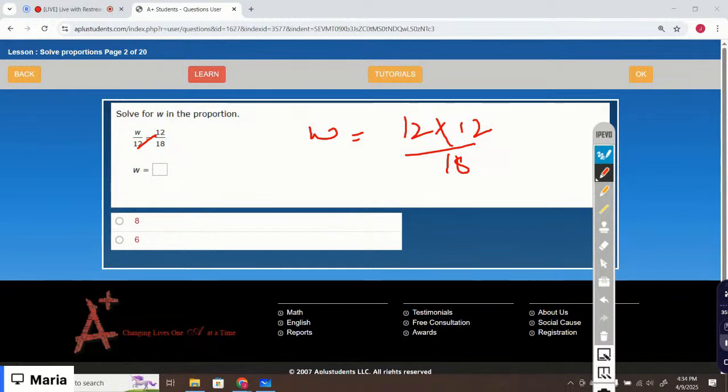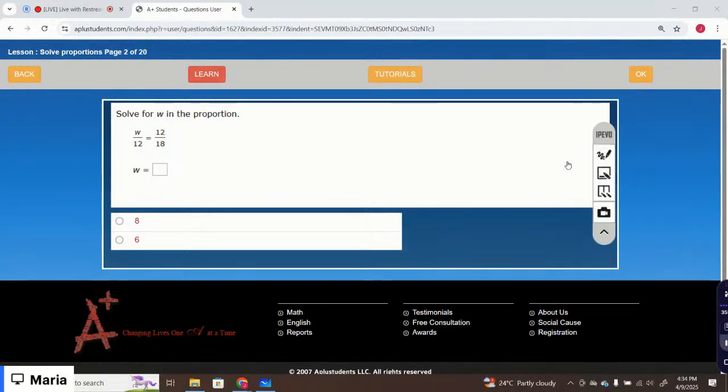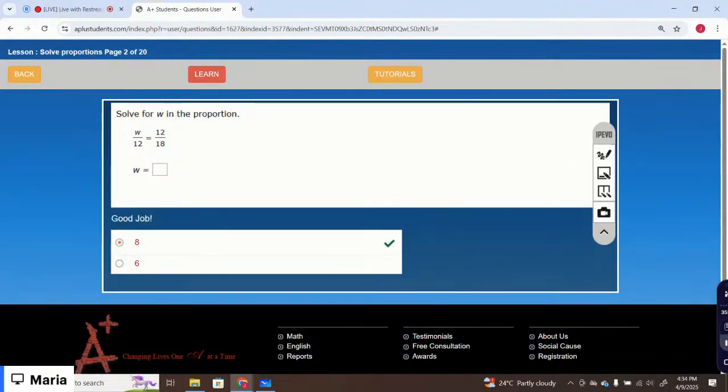So 12 times 12 divided by 18 is 8. Option 1 is the correct option.